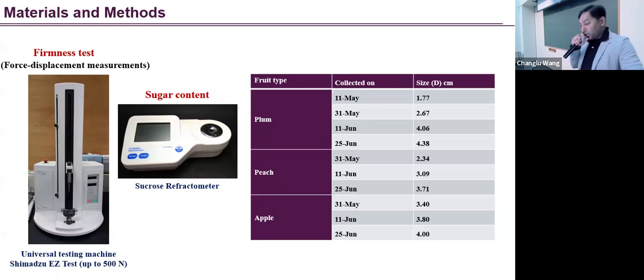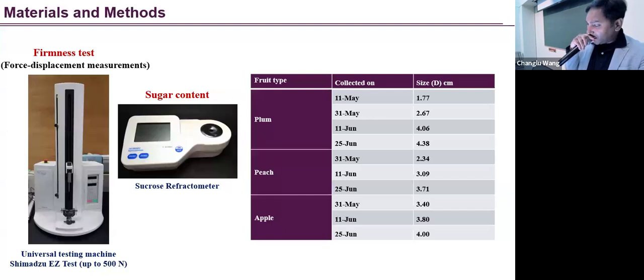Here you can see that we collected the plum fruits on 11 May, 31 May, 11 June, and 25 June. To evaluate this, we should get the fruits at the same time, right? We didn't get peach and apple fruit on 11 May, but we got plum fruit on 11 May.